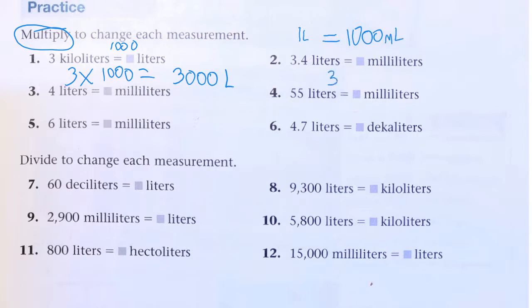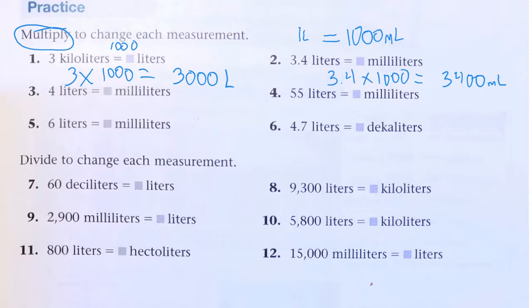So we have our 3.4 liters times 1,000, which is going to be moving the decimal point 3 times to the right. So we get 1, 2, 3. There are 3,400 milliliters in 3.4 liters. So that's the idea with changing our measurement when we multiply.